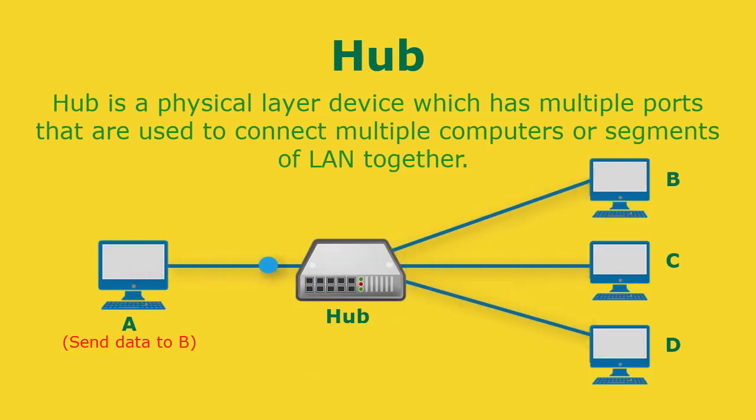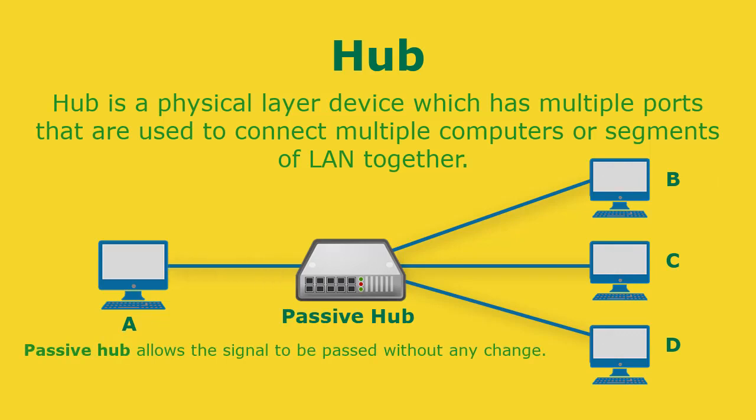So when a host sends a data packet to a network hub, the hub copies the data packet to all of the ports it is connected to. Like this, all the ports know about the data, and the port for whom the packet is intended claims the packet. Hubs can be passive or active.